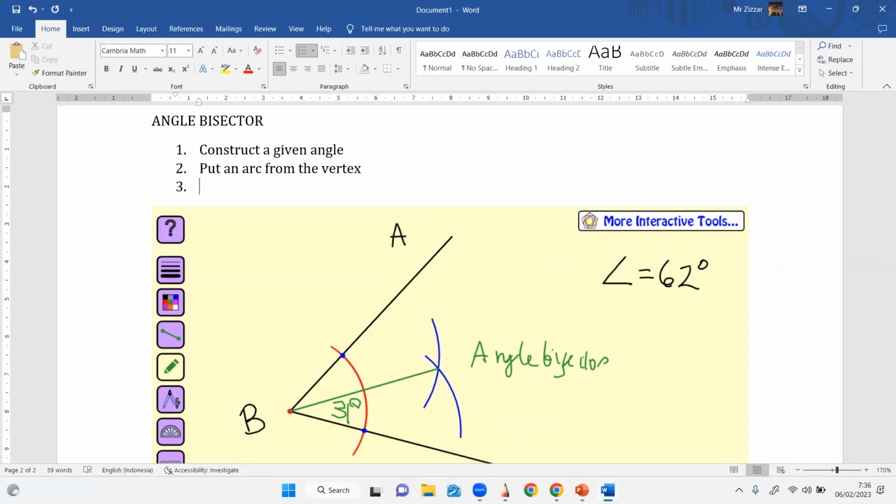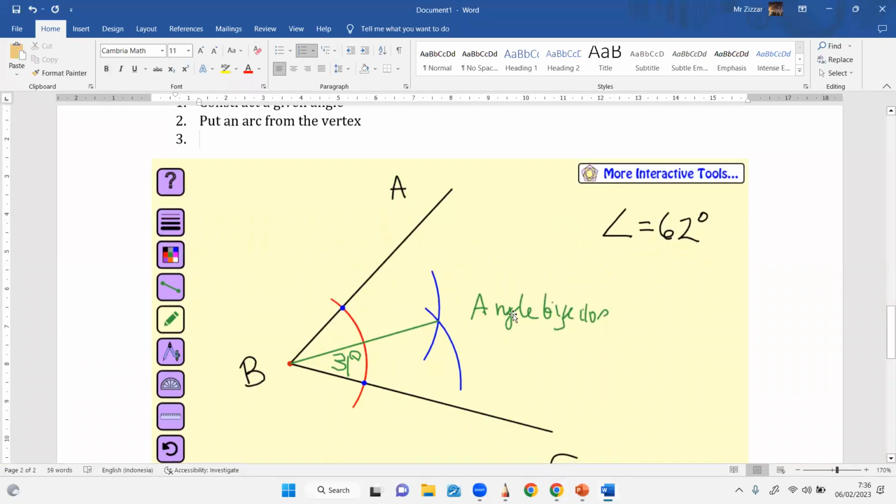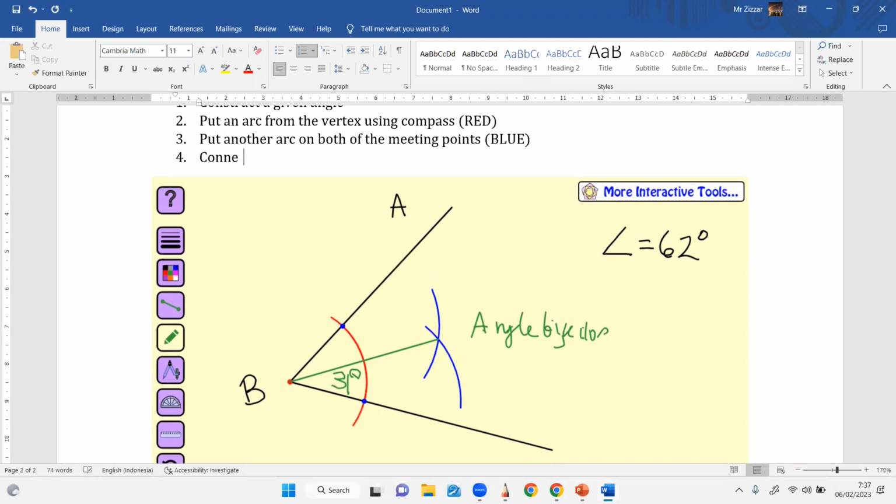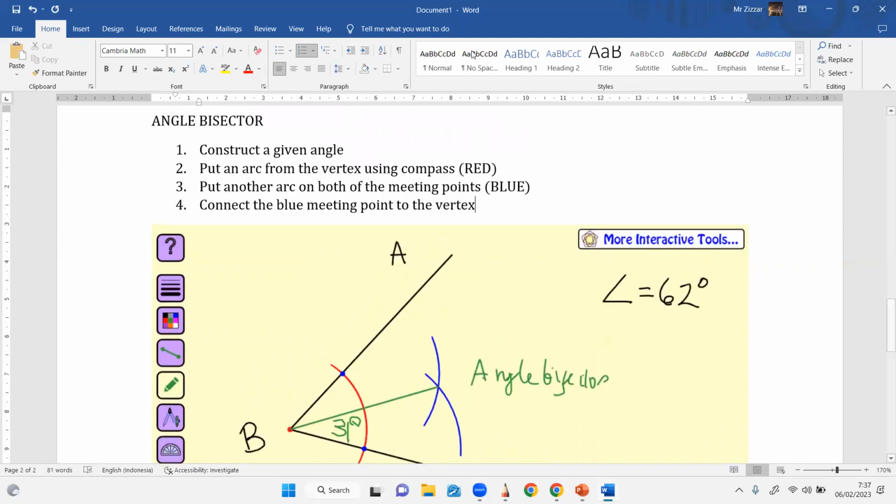And then third, using a compass, put another arc on both of the meeting points, which is blue. And connect the blue meeting point to the vertex. Very simple. Okay, you may write it down.